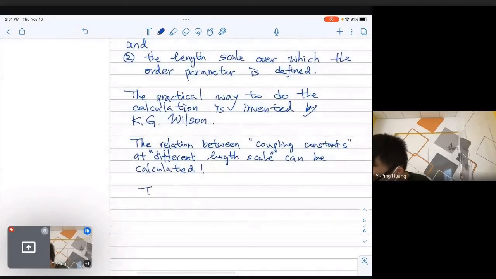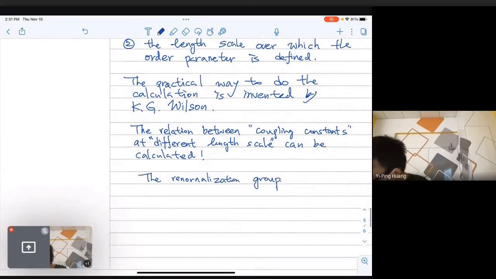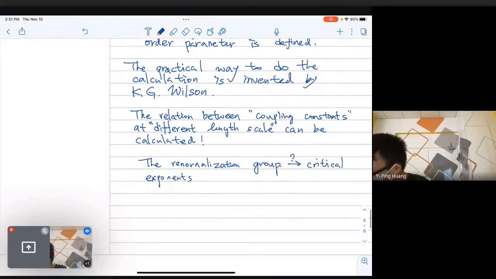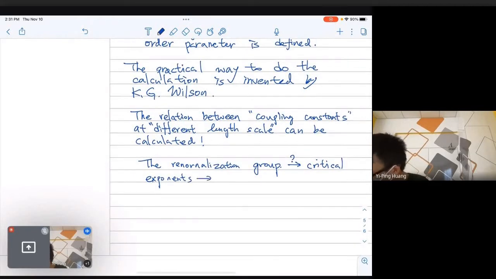And what that means is that the renormalization group actually gives us some explanation about the possible critical exponents. At this moment, it's not clear, but I'll just say what it is.